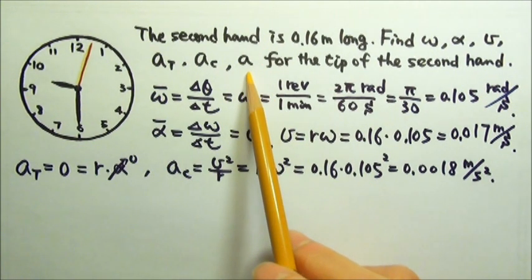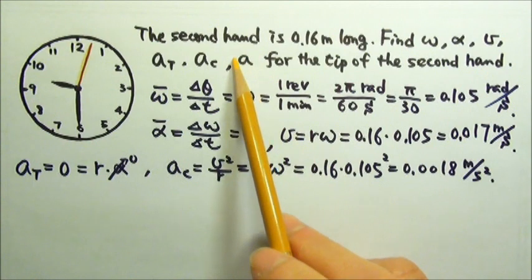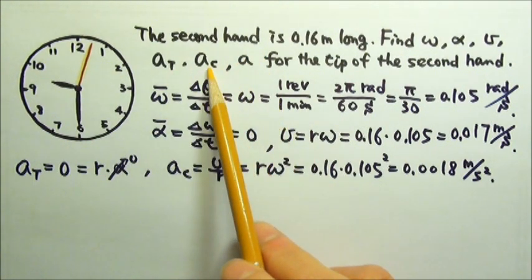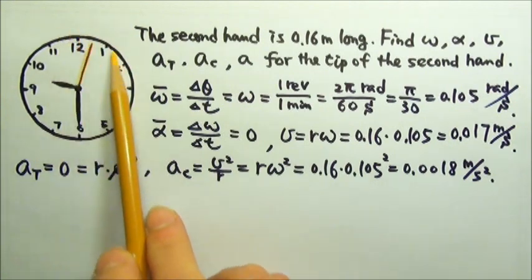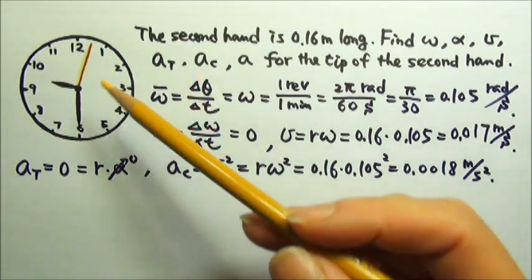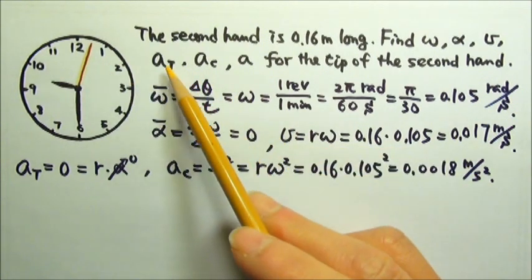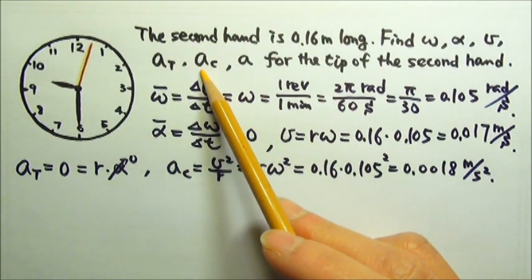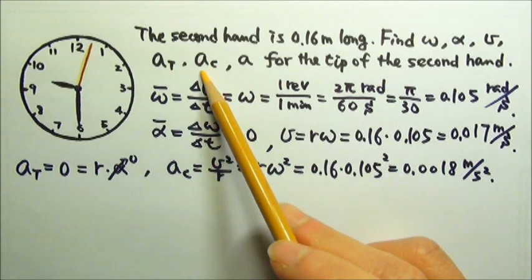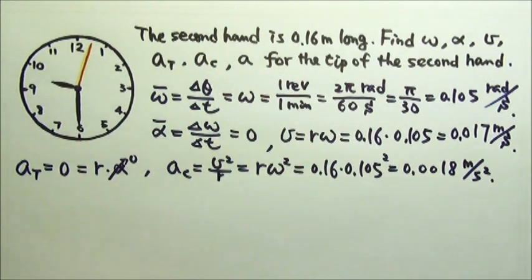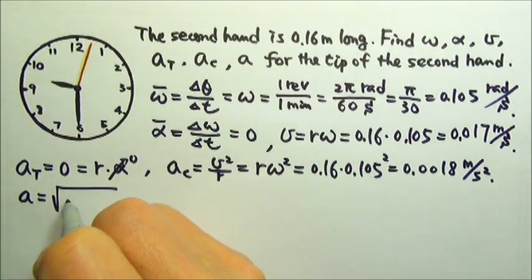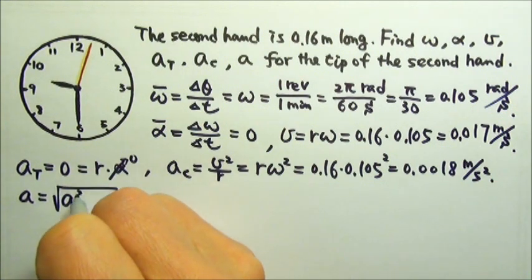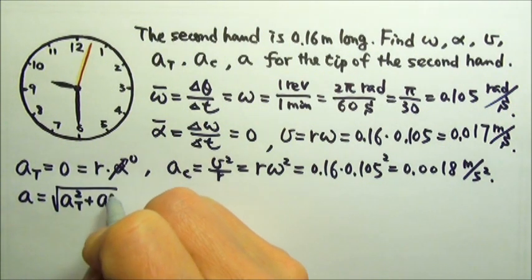Now the acceleration is the total acceleration. The acceleration has two components. The tangential acceleration is tangent to the path. Centripetal acceleration goes towards the center. These two components of the acceleration are perpendicular to each other. So the magnitude of the total acceleration will be the square root of the first component squared plus the other component squared.